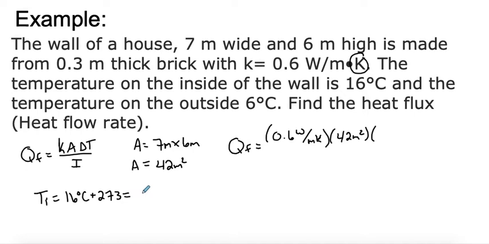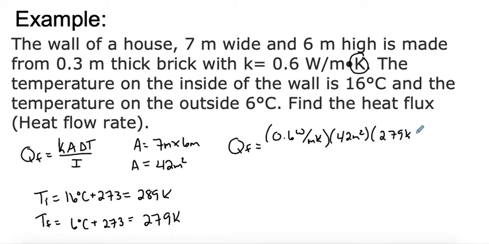So our initial temperature is going to be 289 Kelvin. And then let's say the final temperature is at the outside of the wall, which is 6 degrees Celsius. We're going to add 273 to that, which gets us to 279 Kelvin. So we'll just do final minus initial, 279 Kelvin minus 289 Kelvin, over our uniform thickness, which is 0.3 meters.